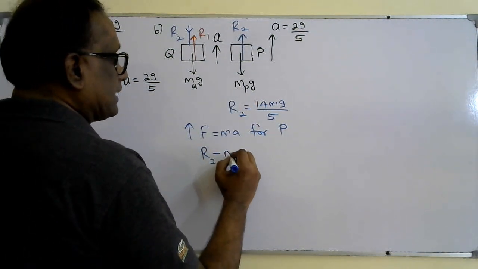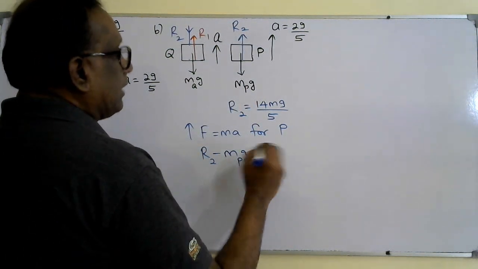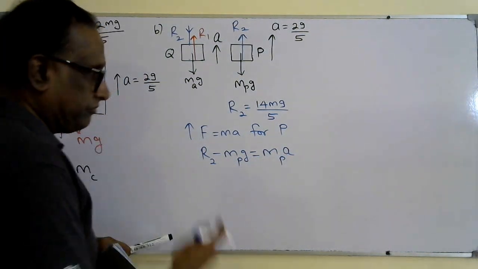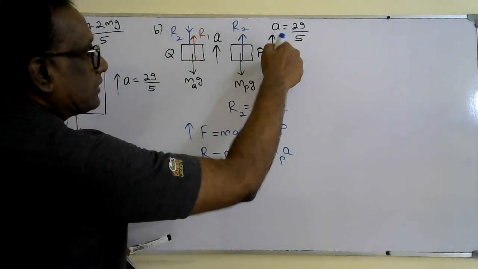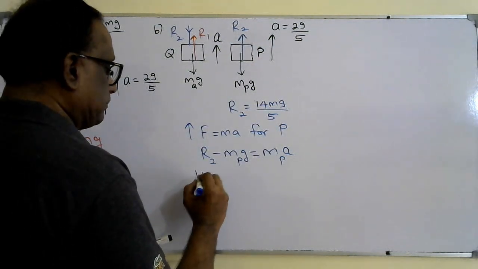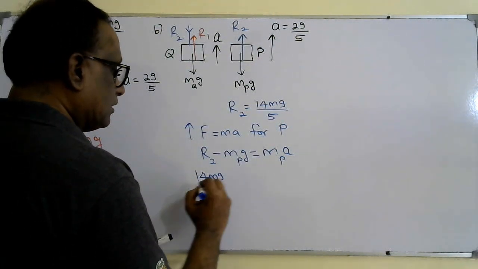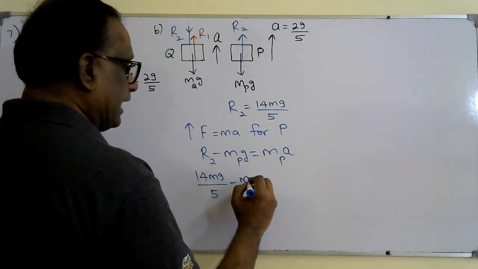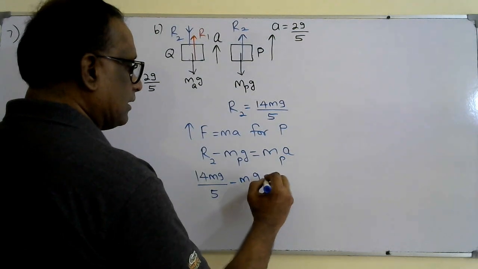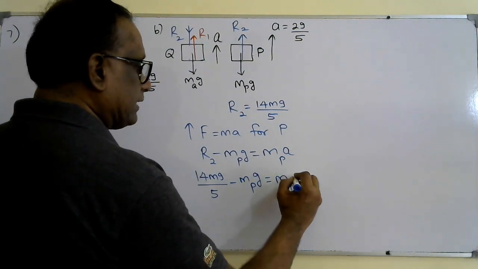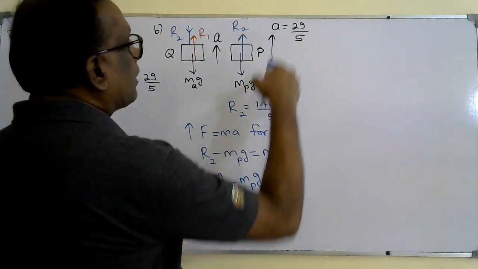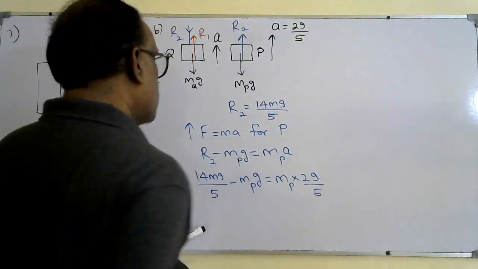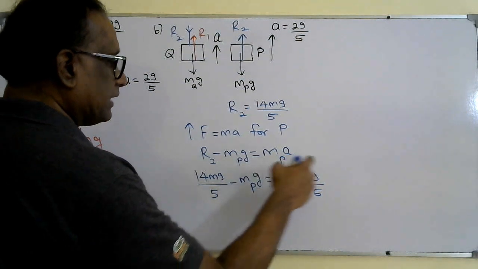R2 minus mpg equals mp a. F equals ma. R2 is given as 14 mg over 5, minus mpg, equals mp times the acceleration, which is 2g over 5. Solve it. All the g will get cancelled.